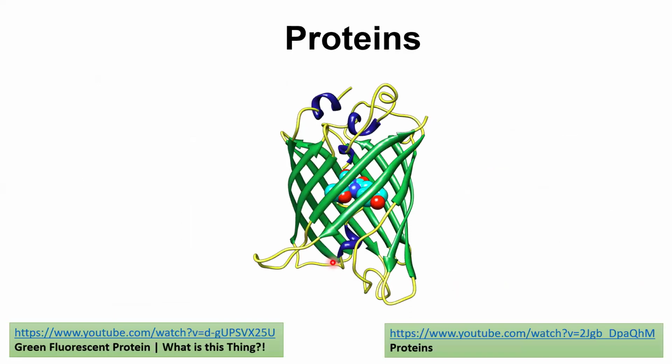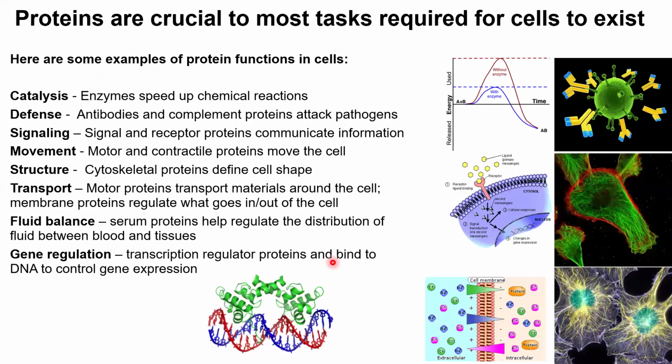And with that, we go into our last macromolecule, which are proteins. So proteins are basically crucial to anything to occur in a cell and allows them to exist properly. Many of these functions include catalysis, defense mechanisms, signaling pathways, movement, structure, transport, fluid balance, gene regulation, so on.